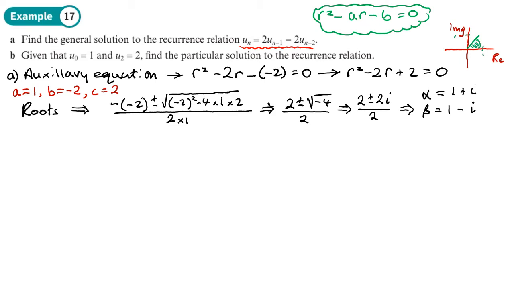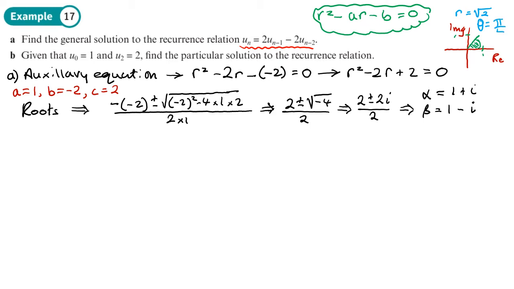I can see that the modulus is going to be the square root of 1 squared plus 1 squared, so that's root 2. And the argument, well, this is an isosceles triangle, that side and that side are the same length, so this is 45 degrees, which is pi over 4.